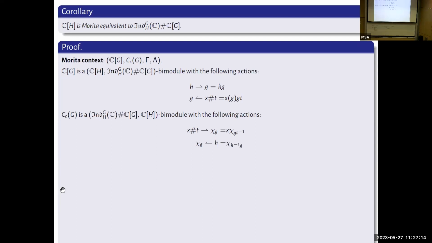H is a group of T, and it has a right action of this smash product. So this acts, we just evaluate X at G, and then to G times. So X lives in this algebra. Okay, we can evaluate.